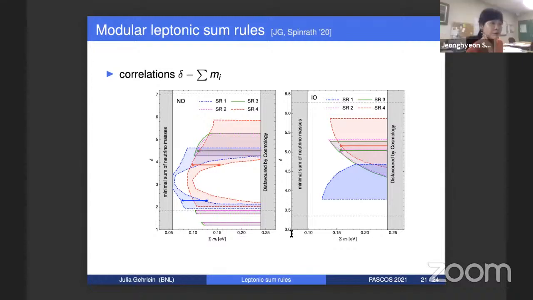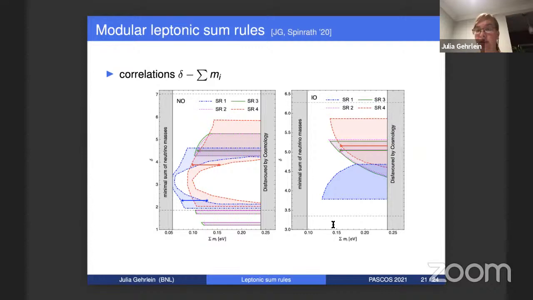So if delta equal to pi is actually observed, these modular symmetries cannot reproduce it. However, if any value between pi and probably 2 pi is observed, then modular symmetries can reproduce this value of delta, and then we also obtain at least a lower bound on the sum of the neutrino masses.